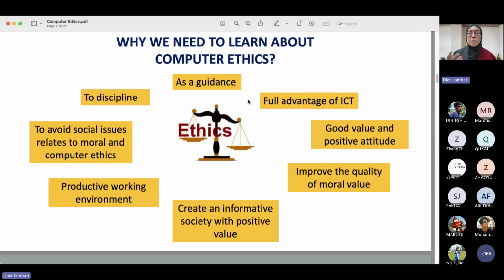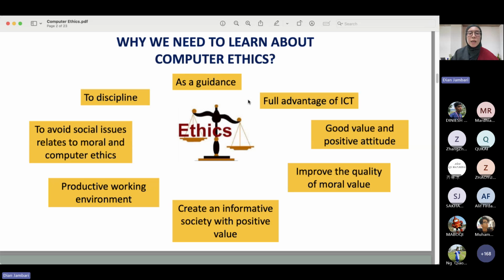So there is a link between how we behave and act ethically as computing and IT professionals, and the social setting of our entire society and community. We have to be responsible as computer experts to be ethical so that we can avoid social issues in our society that are impacted and very much influenced by computing.